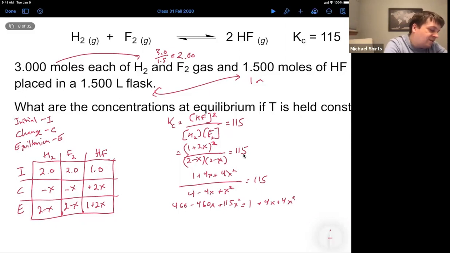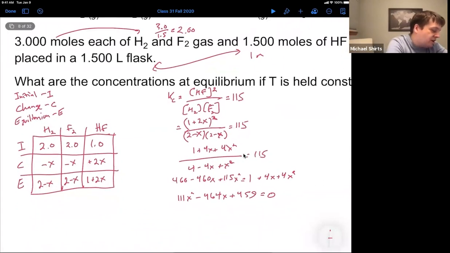Collecting terms, we get 111x squared minus 464x plus 459 equals 0. And we can then plug this into the quadratic equation, right?